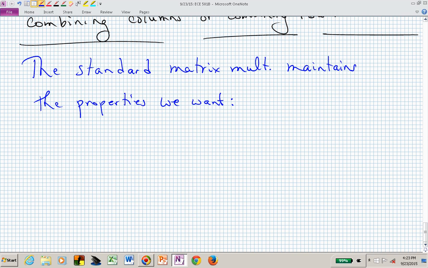By that, I mean, one, if we are given, let's say, an A matrix that's in R raised to the m by n, is it clear what I mean by that?